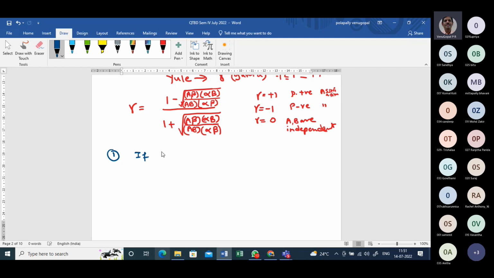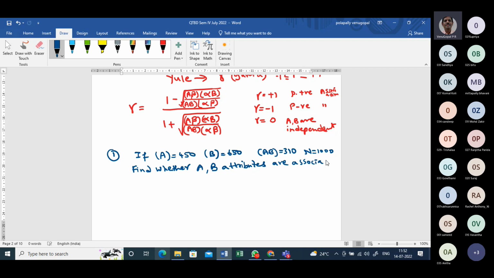If A is equal to 450, B is equal to 650, AB is equal to 310, N is equal to 1000, find whether A, B attributes are associated or not.